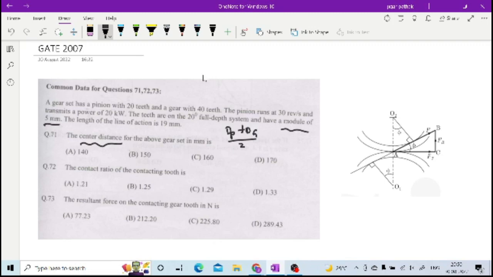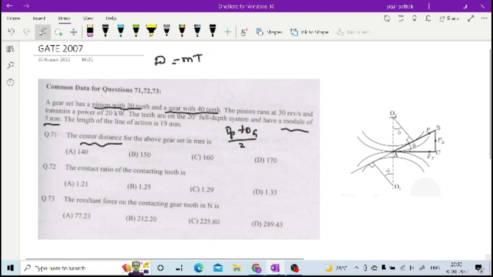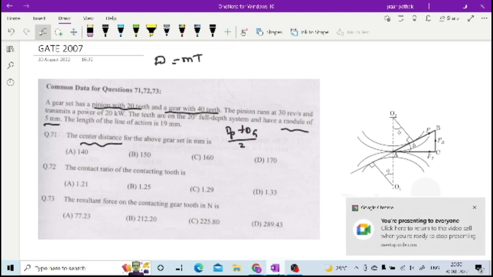Please calculate and tell me. Number of teeth for pinion and number of teeth for gear is given, so diameter can be calculated with m into t. Everyone can calculate. It's 150. Yes, correct. Everyone must be getting this.